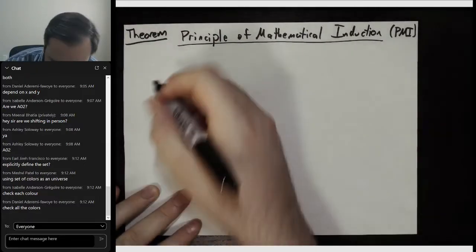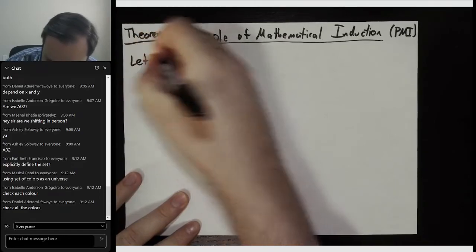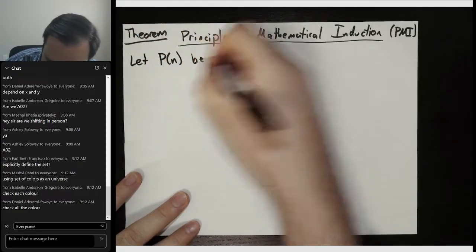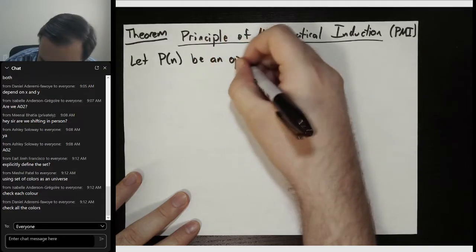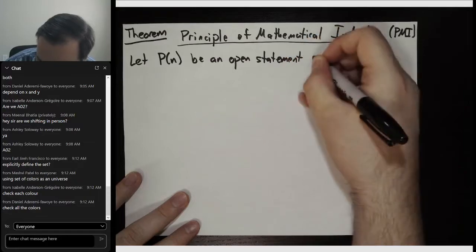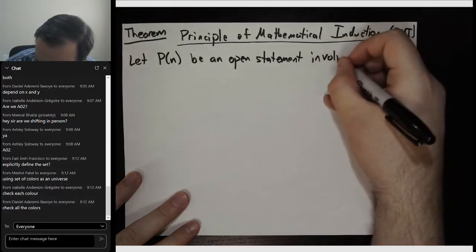So here's what this says. Let P of n be an open statement involving n.